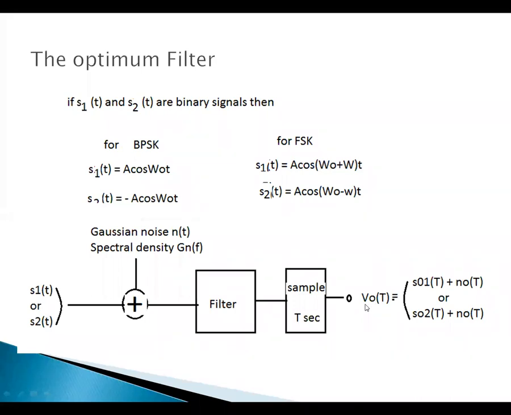There you can observe the output S01 or S02. S01 is the S1 output, S02 is the S2 output. S01 of t plus N0 of t, S02 of t plus N0 of t. So S1 is received as S01 of t plus N0 of t, and S2 is received as S02 of t plus N0 of t.